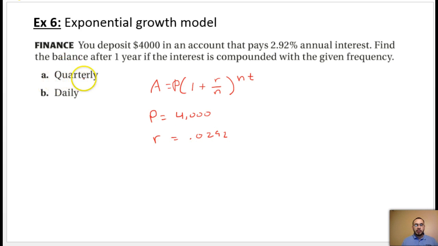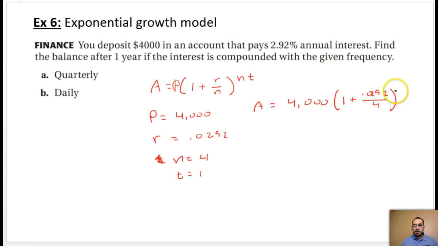It tells us quarterly, to figure out how much this is compounded quarterly. So how many quarters are in a year? Well, 4 quarters are in 1 year. And t is going to be 1 year. So if we plug all of this in to solve, we have 4,000 times 1 plus the rate, 0.0292, over 4, to the 4th power.